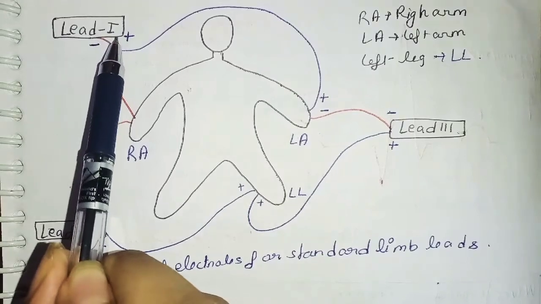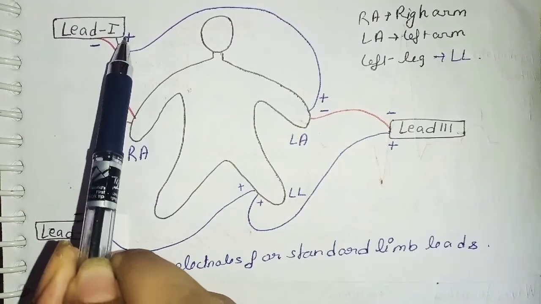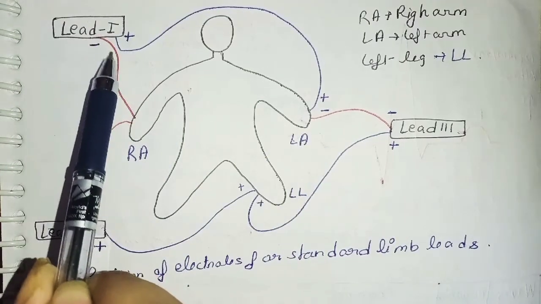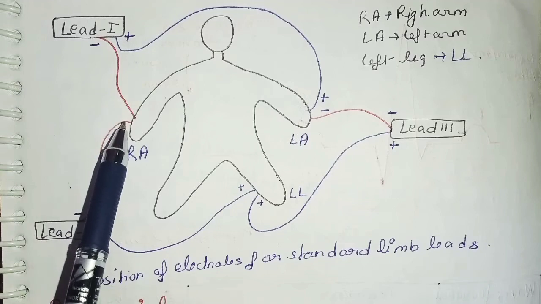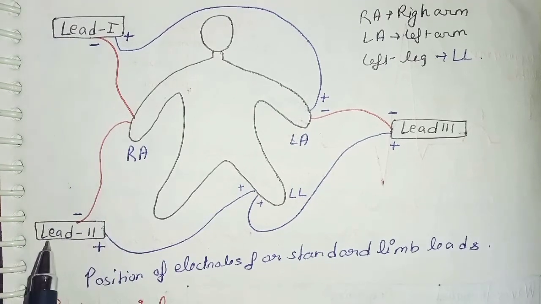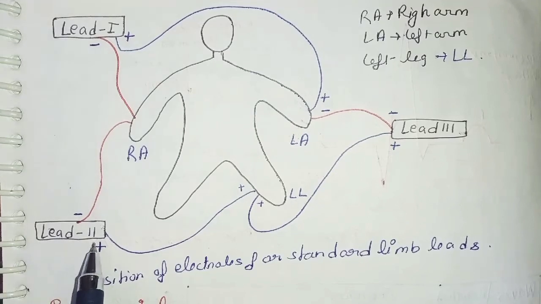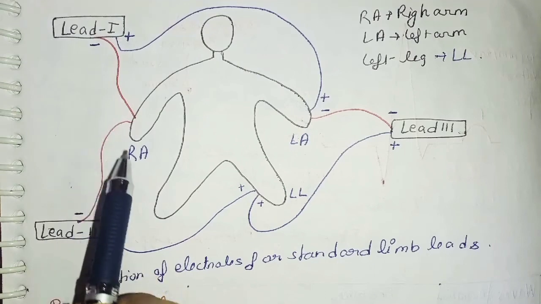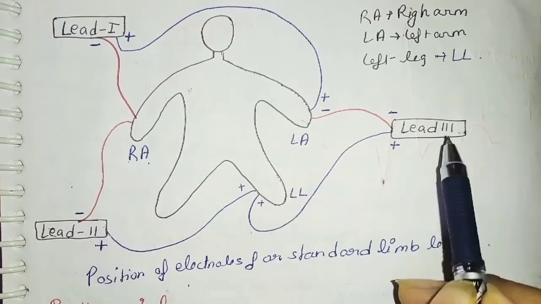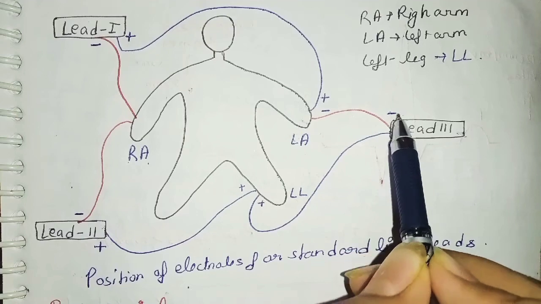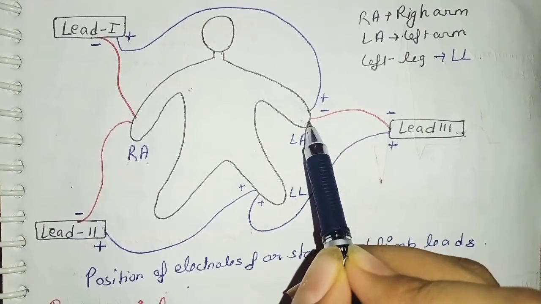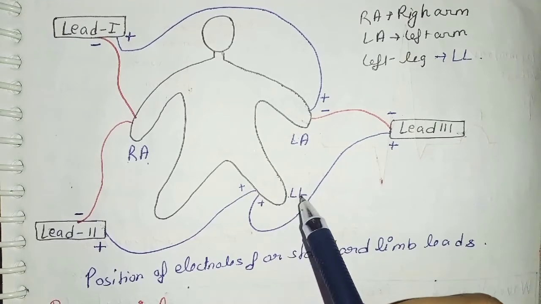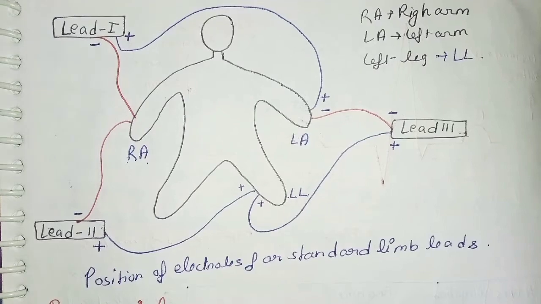In lead 1, the positive terminal of the electrode is connected to the left arm and the negative terminal to the right arm. In lead 2, the positive electrode is connected to the left leg and the negative electrode to the right arm. In lead 3, the negative electrode is connected to the left arm and the positive electrode to the left leg. So this completes our topic.